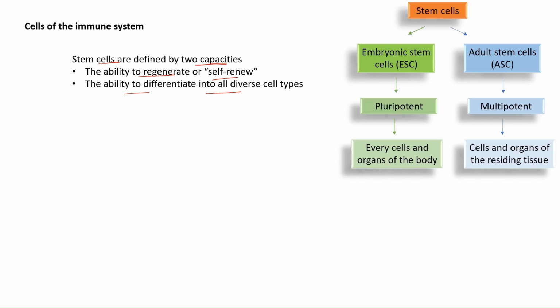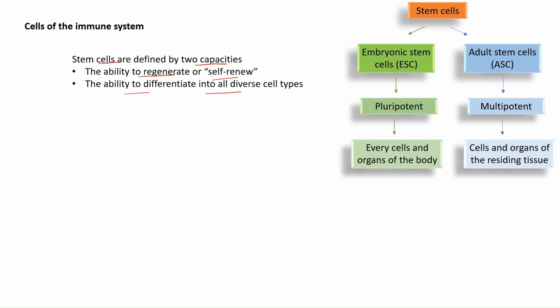Now, stem cells are of two types: embryonic stem cell and adult stem cell. Embryonic stem cells are pluripotent in nature. Pluripotent means they can give rise to every cell and organ of the body. Whereas adult stem cells are multipotent in nature. Multipotent means they can only give rise to the cells and the organs in which they are residing.